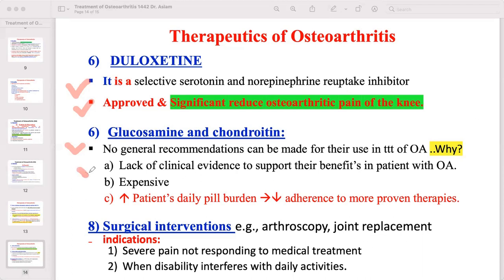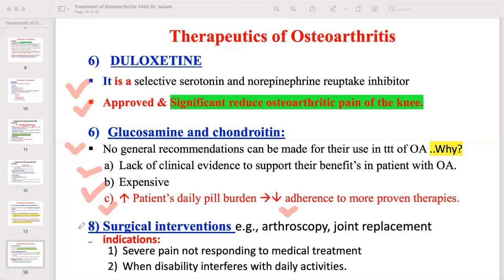Lack of clinical evidence to support their benefits in patients with osteoarthritis, plus expensive, plus it increases the patient's daily pill burden and decreases the adherence to more proven therapies.